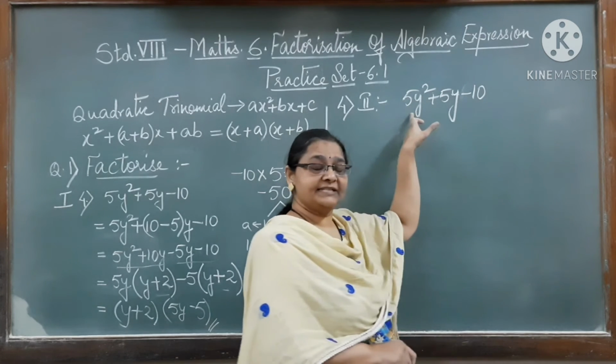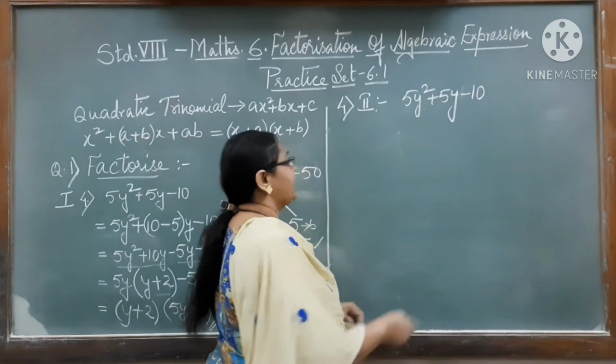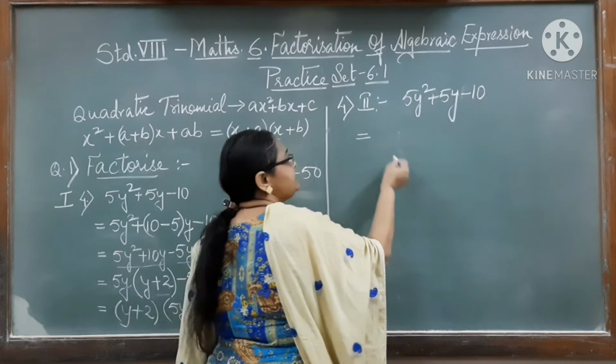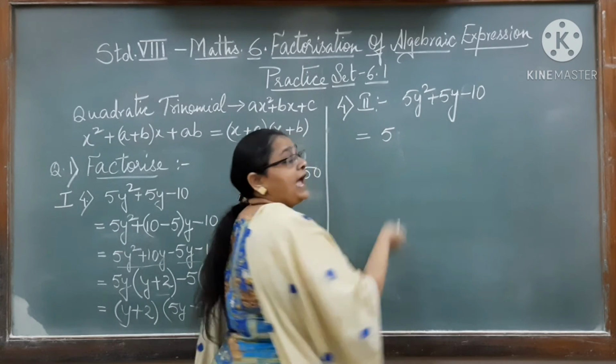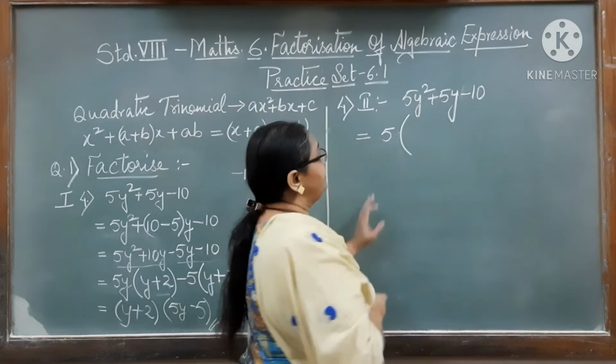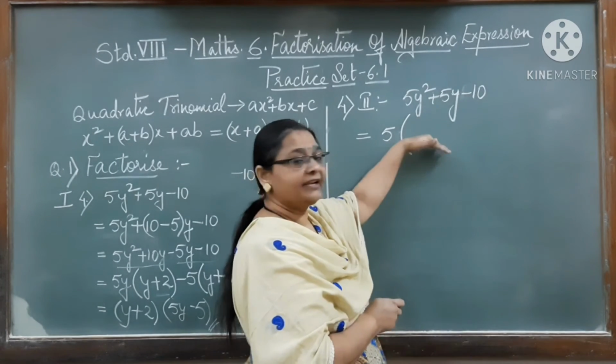So can we consider a common term now itself? Yes, we can. So let me simplify this, taking 5 as a common term, and let me write the remaining terms inside the bracket.